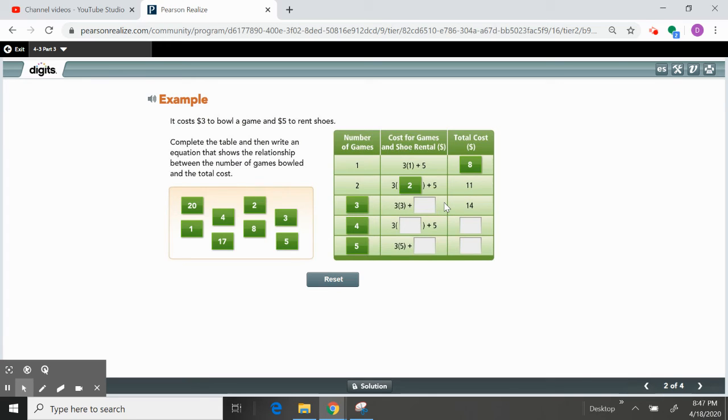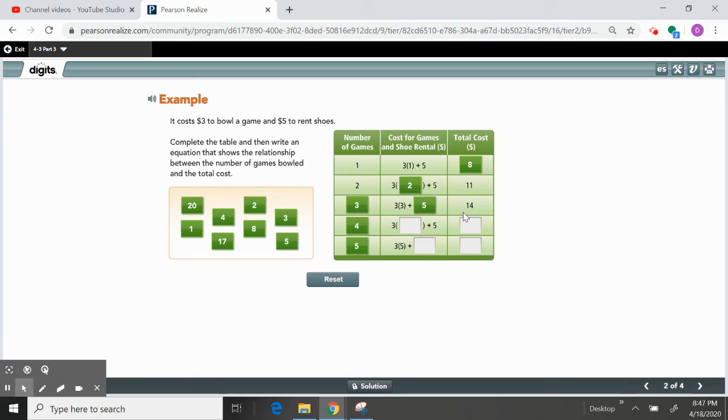Now I'm going to go through this one, and then when you log on today, I'm going to ask you to do all of these, but I'm going to get you through this one. So this one, if we did 3 games, 3 times 3 plus, what's after the plus? $5 to rent the shoes. Okay, so let's see if that makes sense. 3 times 3 is 9 plus 5.